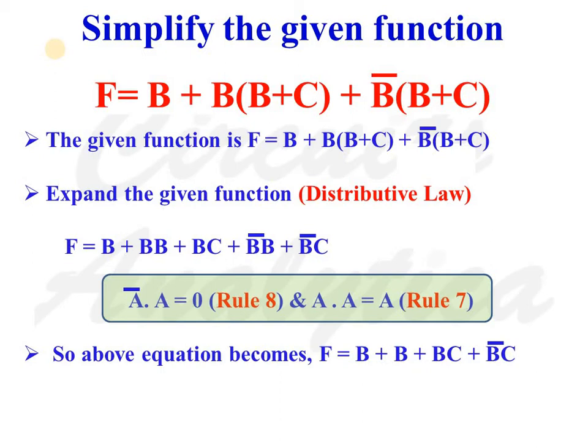We will get F is equal to B plus BB plus BC plus B bar B plus B bar C. As A bar and A is equal to 0 and A A is equal to A, the expression for F becomes F is equal to B plus BC plus B bar C.